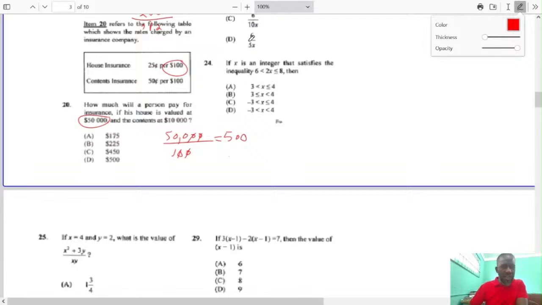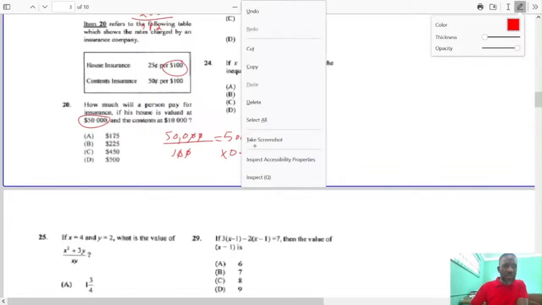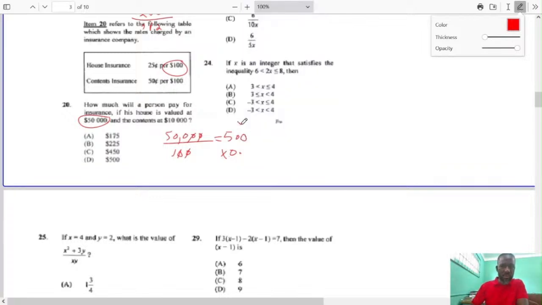$100 in 50,000. So basically, if the insurance rate is paid at 25 cents per $100, it means that we are going to multiply the 500 by 0.25.